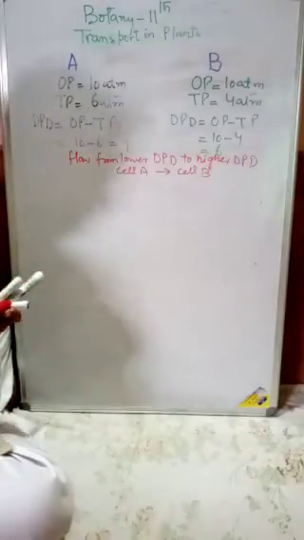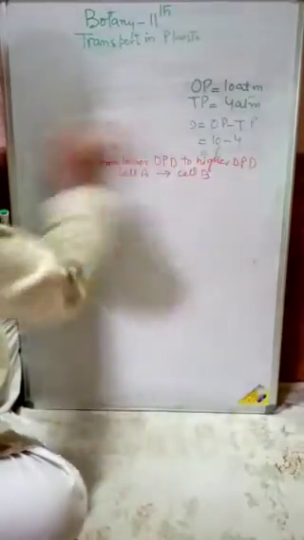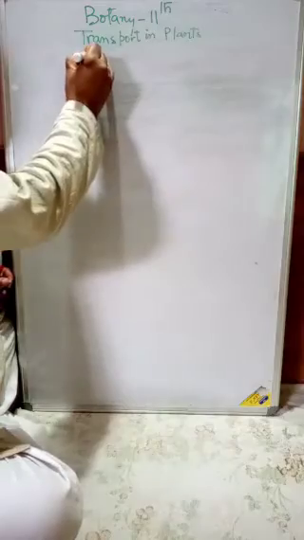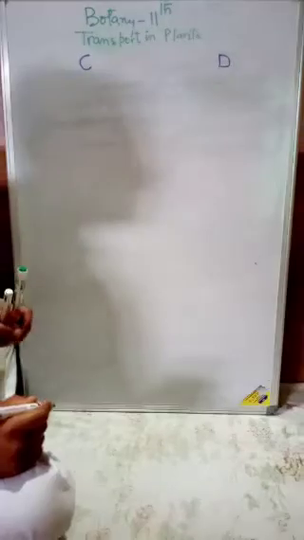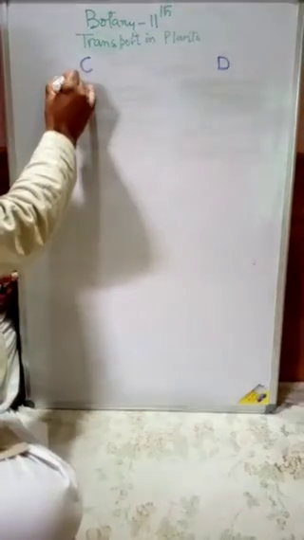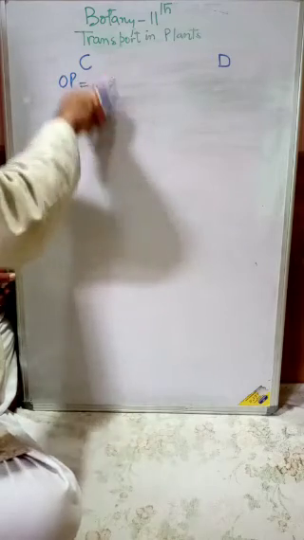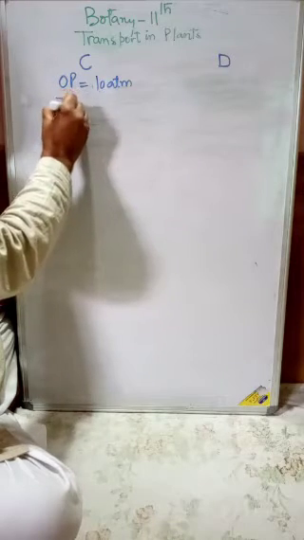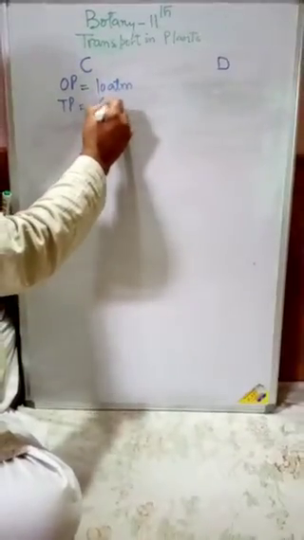We will try one more example. We have got two cells. One cell, let it be C, and we have got another cell, D. Now its OP, osmotic pressure, is 10 atmospheres, and its turgor pressure is equal to 6 atmospheres.